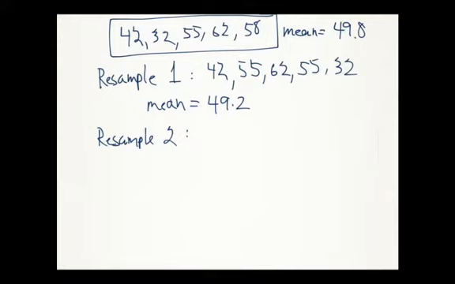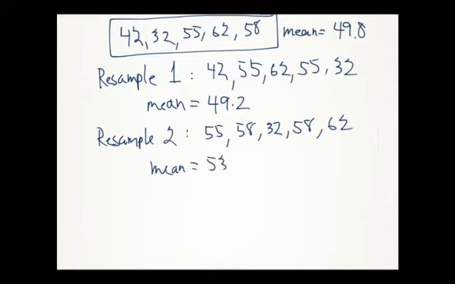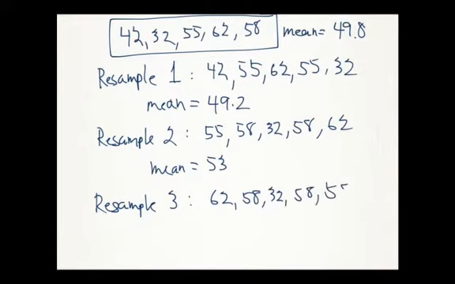Okay, so suppose resample 2, I get 55, 58, 32, 58, and 62, for example. And so the mean here is 53. Okay, and then I can do it again. Resample a third time. And say I get 62, 58, 32, 58, and 58.